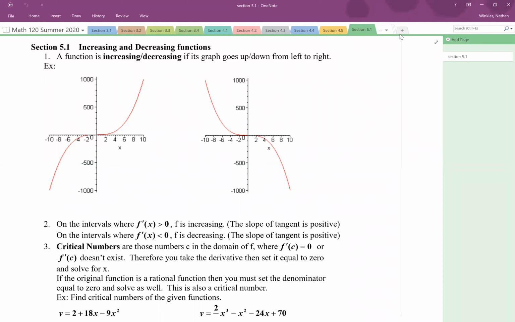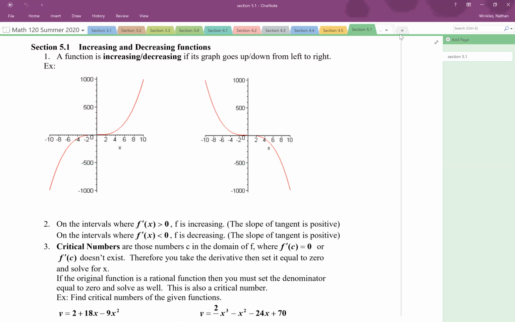When you were in your college algebra class, that was before this one, whether it be pre-calculus, college algebra, math 112, whatever it was, you talked about increasing and decreasing functions in algebraic ways. One way was by looking at a graph.